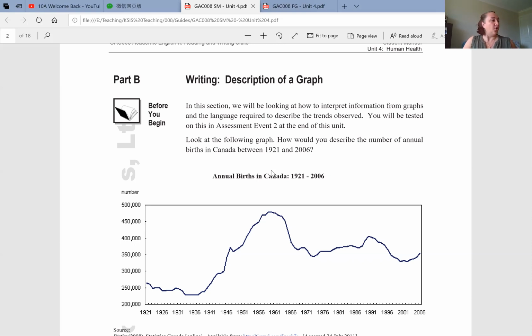Number 1, what overall information does the graph show? What is the time period covered by the graph?